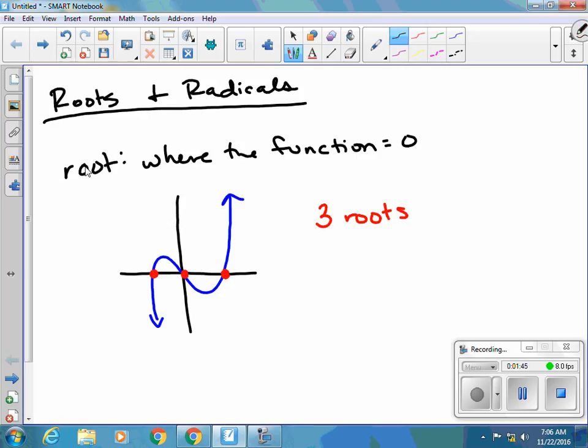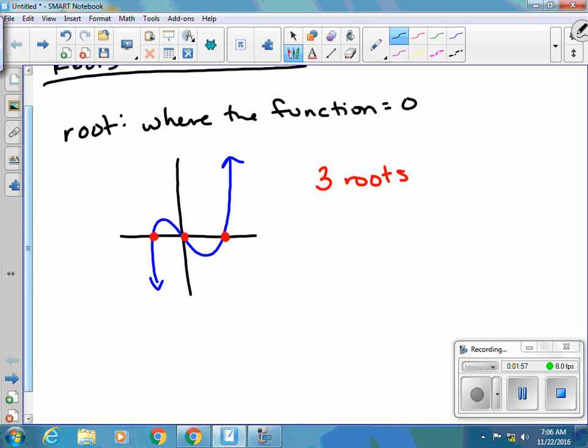Some of you might be asking, how do I determine the number of roots without looking at a graph? You can determine that by looking at your exponential. Okay, and this is where this ties in. So let's say it's x cubed minus 5x squared plus 4. Now I don't really know if that's the true picture of that function.